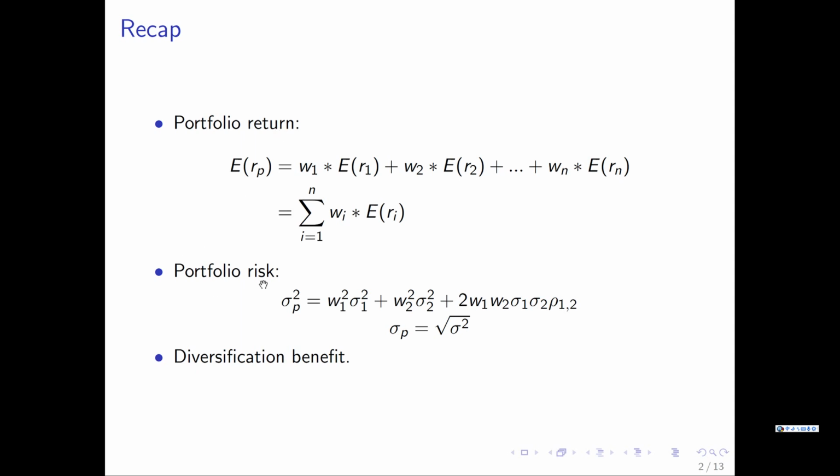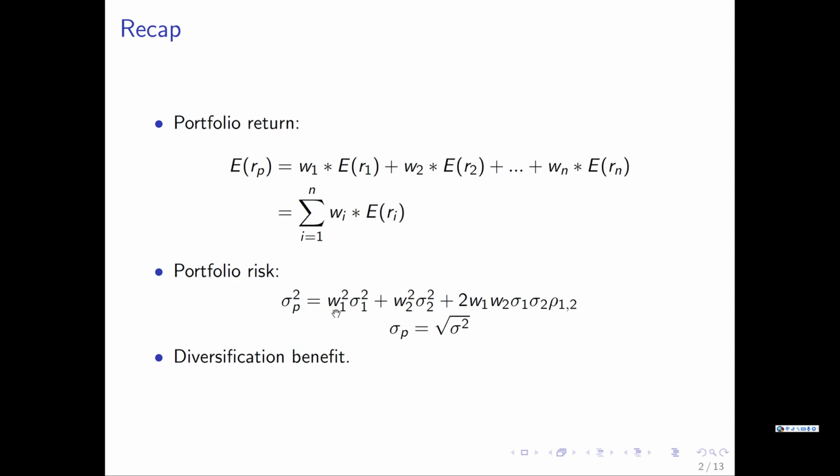However, the portfolio risk is slightly more complicated because oftentimes it is smaller than the weighted average of individual assets' risk. This is because when you combine different assets together, there's a diversification benefit, so you get to reduce some of the risk in individual assets. So the portfolio risk, this is the variance of the portfolio, equals this equation.